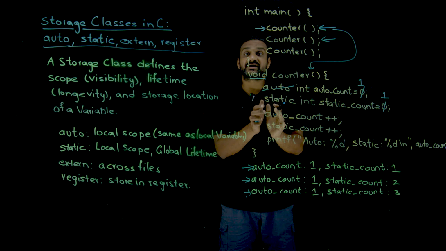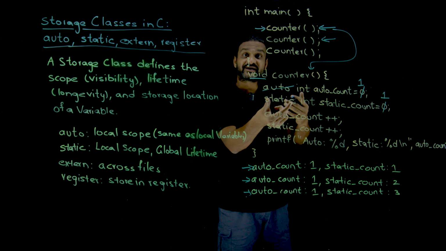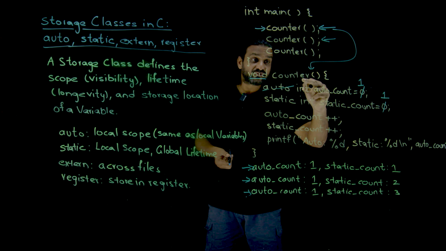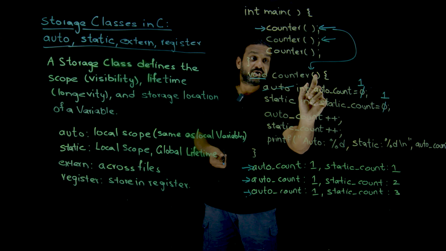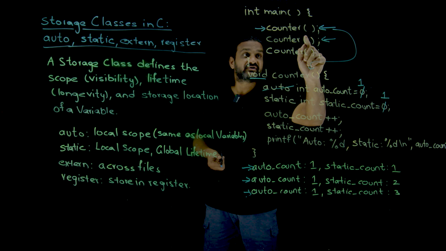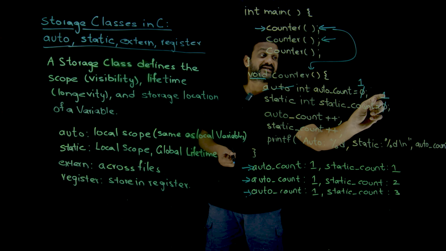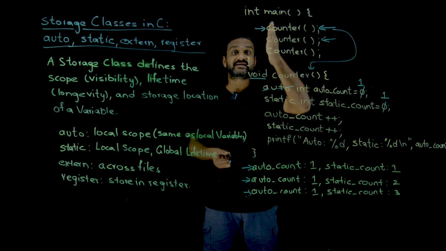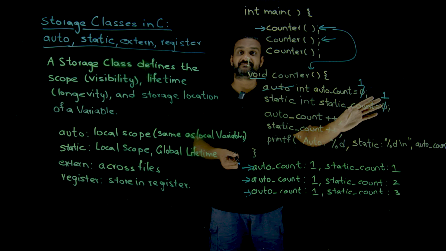And what is the use of this? What happens if you declare a variable as static? We get visibility or accessibility of this variable local to this function, meaning whenever we call this function, only then can we access this variable, but it has a global lifetime, meaning until the completion of this entire program, this value remains the same.